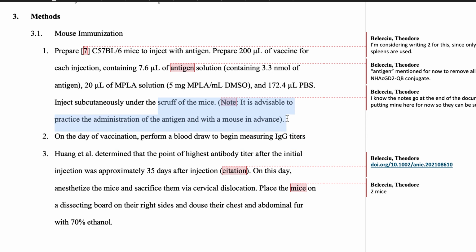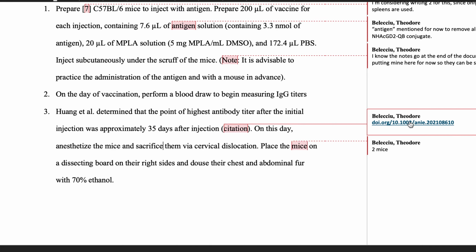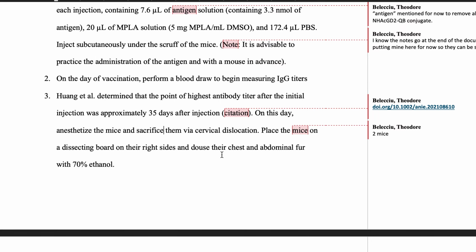But Atar told me that for this specific circumstance, she simply relied on data from the recent Huang Lab paper, the enzymatic synthesis of GD2 paper, which demonstrated that the peak antibody titer emerged 35 days after the injection. So in this protocol, I simply mentioned that based on that previous data, and I'm going to obviously cite it there, that's when the mice are sacrificed.